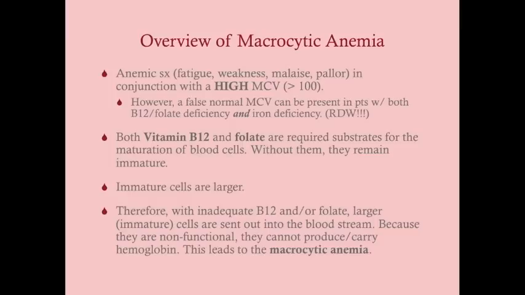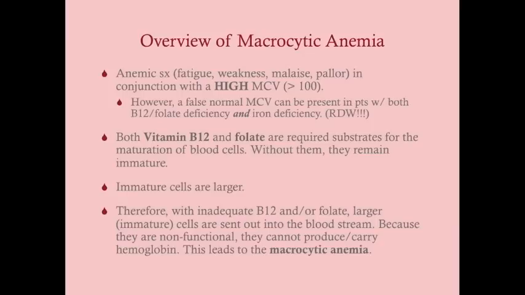So you've got both big cells and small cells in the blood at the same time, then the average is going to be normal. It's going to be an MCV between 80 and 100, but you really indeed do have both pathological processes going on. So you can't just look at that MCV and determine right there if you have a macrocytic anemia or a microcytic anemia. You could have both at the same time.